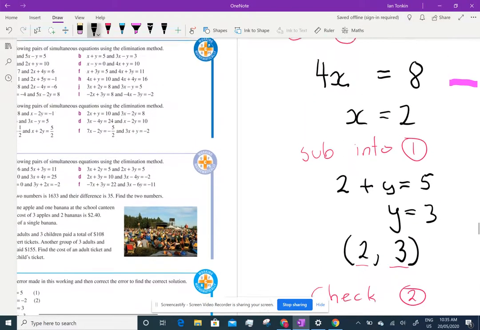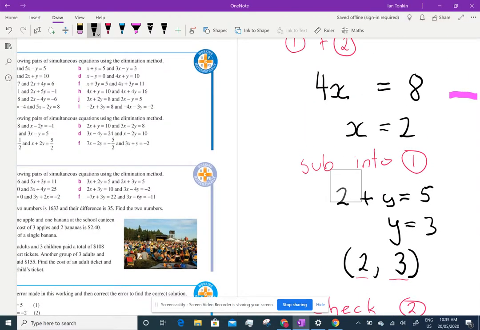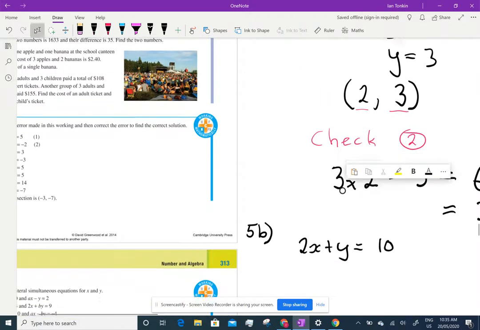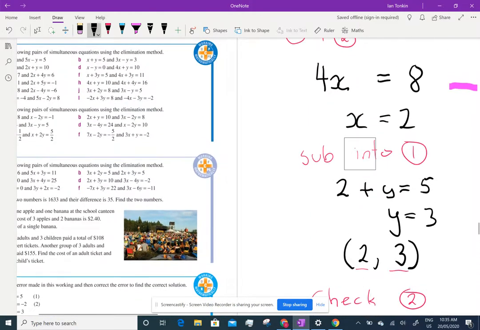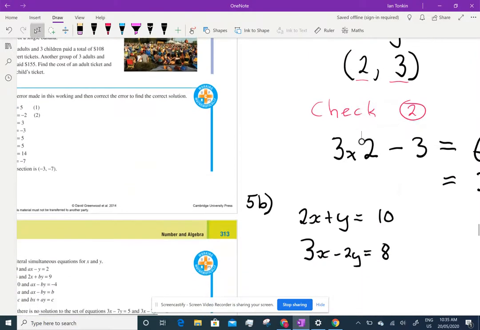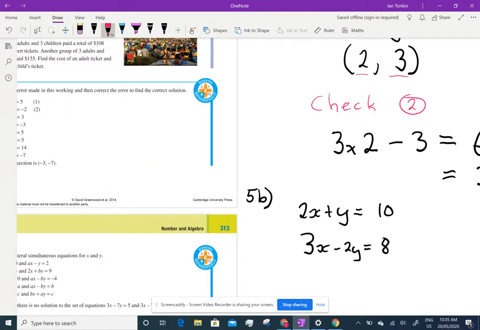And the second equation is 3x minus 2y equals 8. Let's double check, make sure, because I don't want to write down the wrong equations. Yep. Okay. I call this equation number 1, and I call this equation number 2.